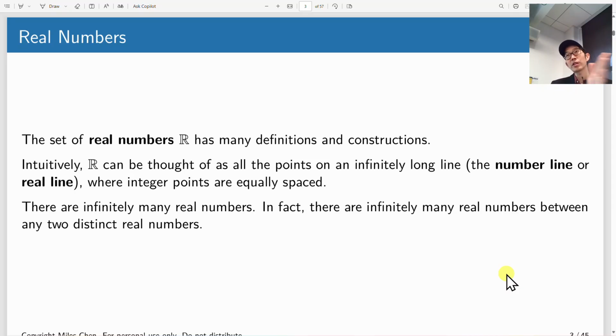The integers are equally spaced out, and basically any other point on that line is a real number. If you pick any two distinct locations on that line, even if they seem really close to each other, there are infinitely many real numbers between them. Between 0 and 1, there are infinitely many values. Between 0 and 0.1, there are infinitely many values. That's the idea with the real number line.